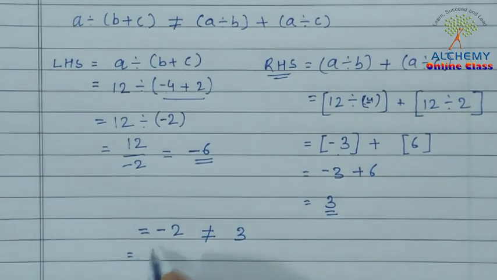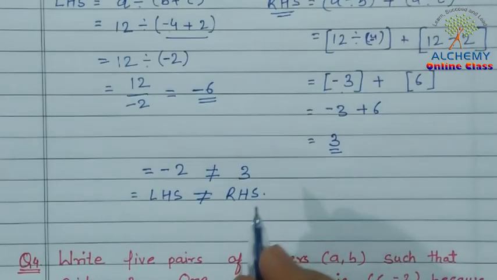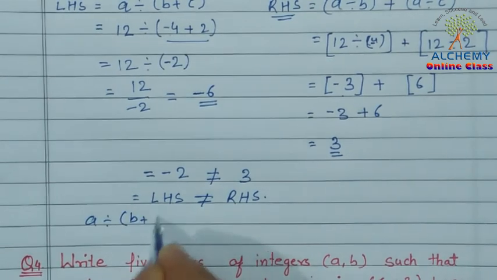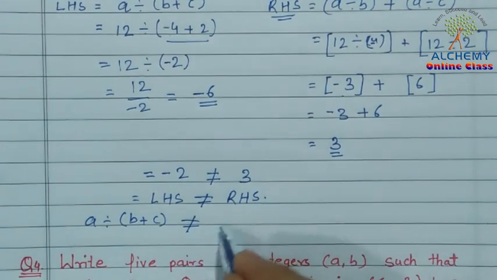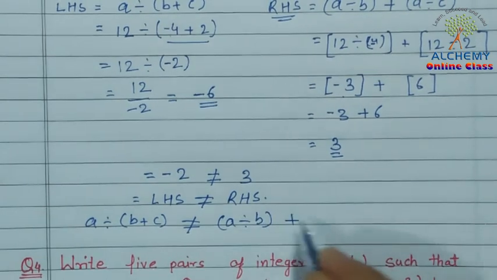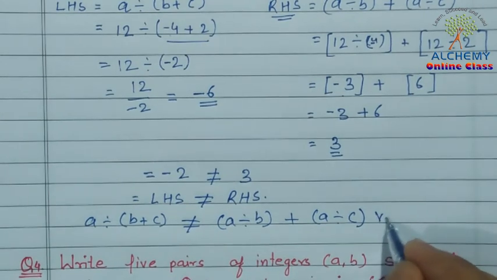So we can write here left hand side is not equal to right hand side. So we can write a divided by (b plus c) is not equal to a divided by b plus a divided by c. Verified.